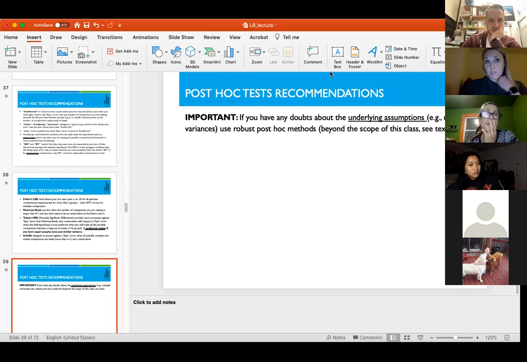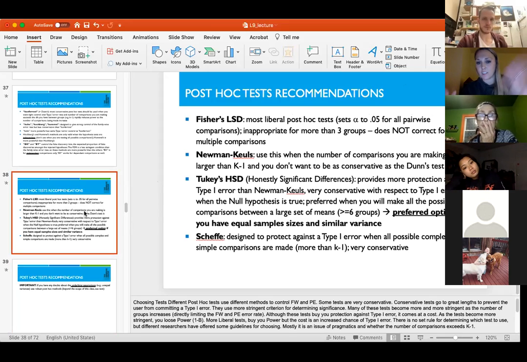If you're nervous that you violated some of those assumptions, then always default to a more robust post hoc method. If you don't have hypotheses going in, default to a more robust post hoc method, because you don't want to be unclear on your assumptions, not sure if your F-test is really even reliable, and then using a very liberal post hoc test also.